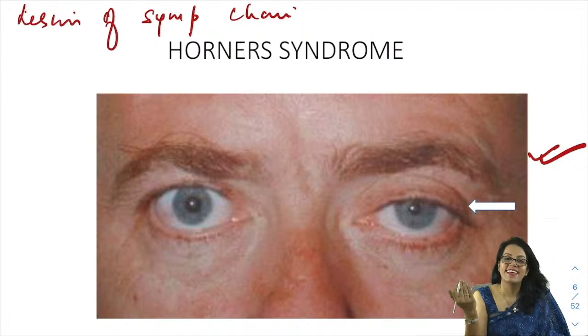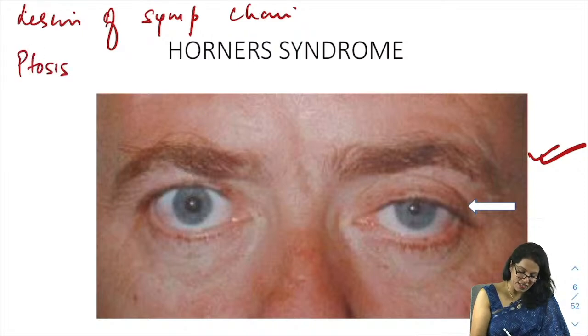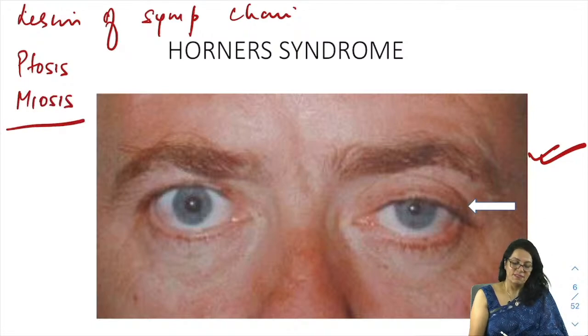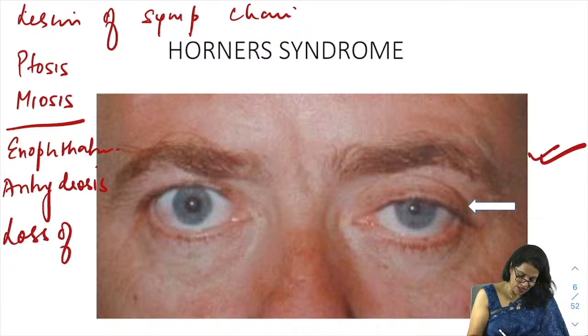Horner's is a lesion of the sympathetic chain characterized by ptosis, miosis, enophthalmos, anhidrosis, and loss of ciliospinal reflex. All of you NEXT people should know this. This was an exam question. Okay?